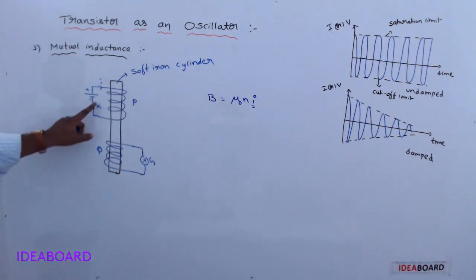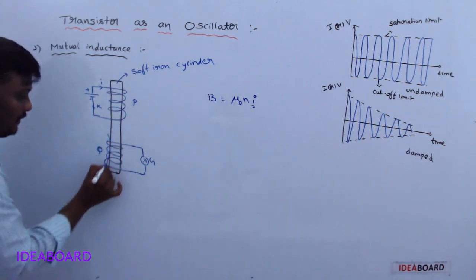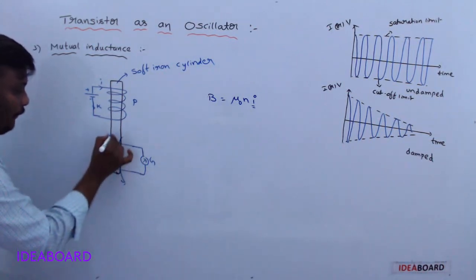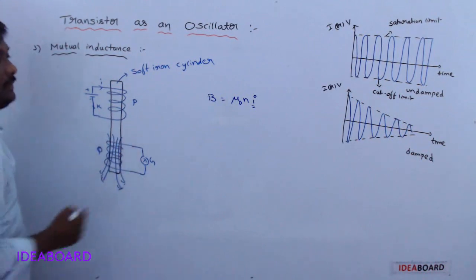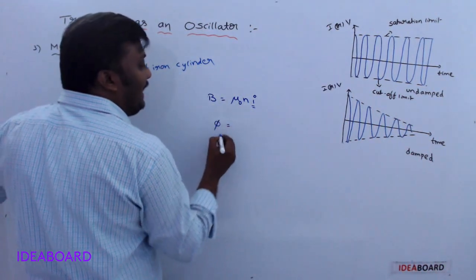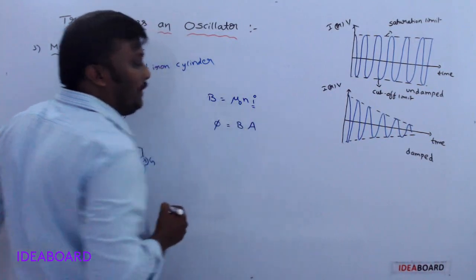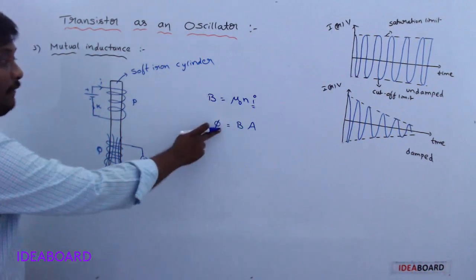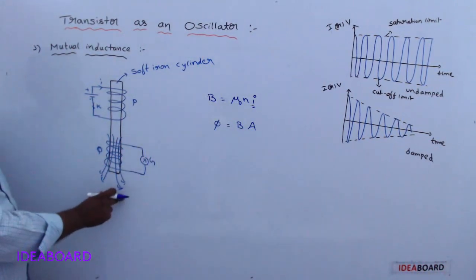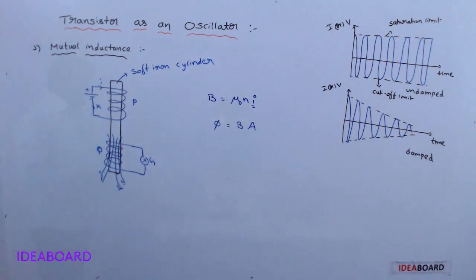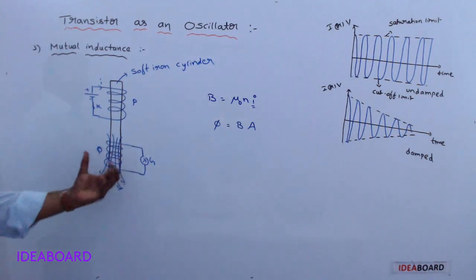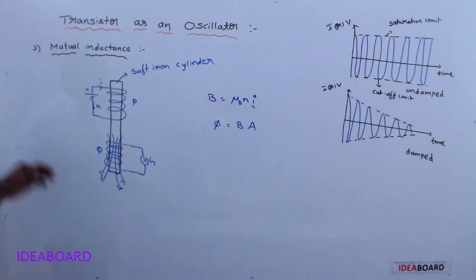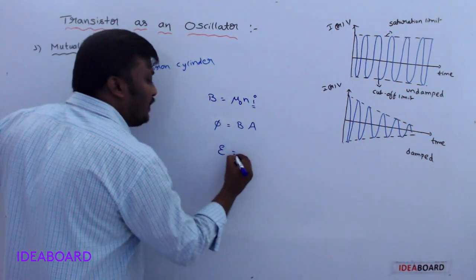Clear? This change in magnetic field creates a change in magnetic flux in the secondary coil, because we have a formula for magnetic flux in terms of B. If B changes, magnetic flux changes, and this change occurs in the secondary coil. This change in magnetic flux produces an induced EMF in the circuit.